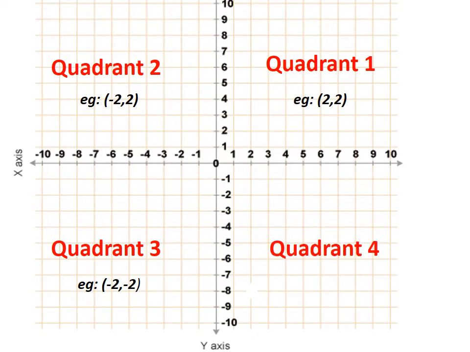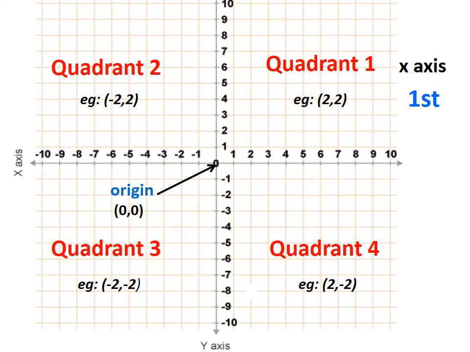And quadrant 4, here we're in the positives on our x-axis and the negatives on our y-axis. So the coordinate here, for example, would be 2, negative 2. And the origin is always 0, 0. That's always your starting point that you work off, no matter what direction you're going in.